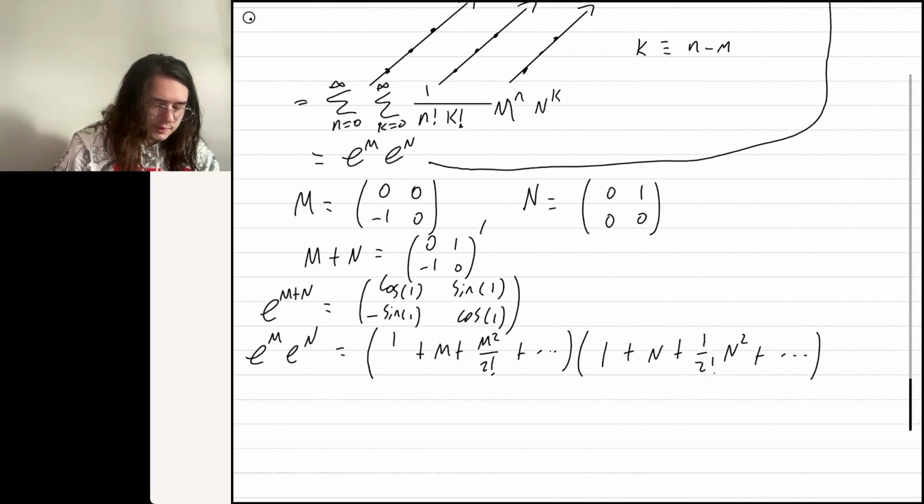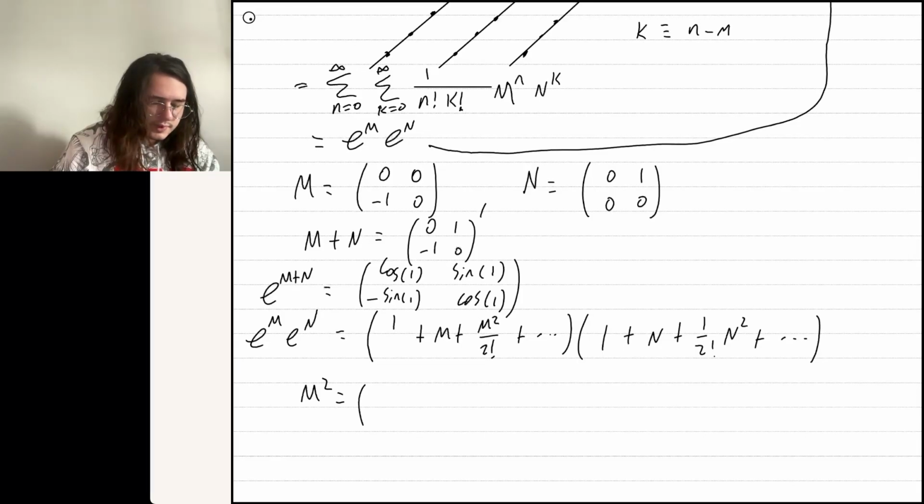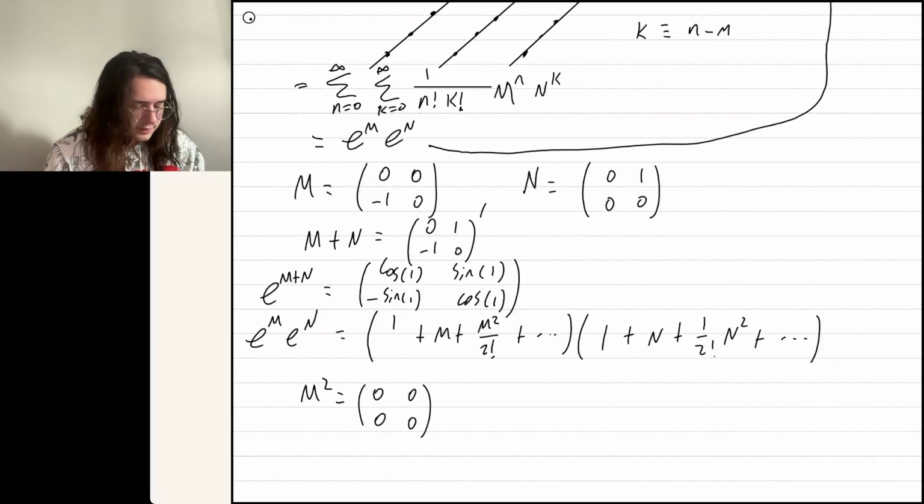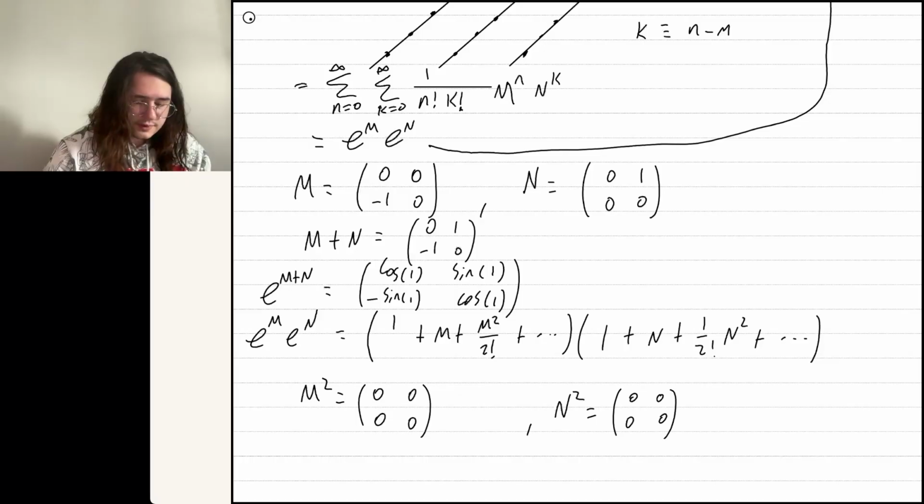M squared is just multiplying the matrix by itself. 0 here, and then 0 here for sure, and then the right-hand side is just zeros. So m squared is 0. I think you'll even find that n squared is probably 0. Yeah, it looks good. So n squared is actually 0, and m squared is actually 0.